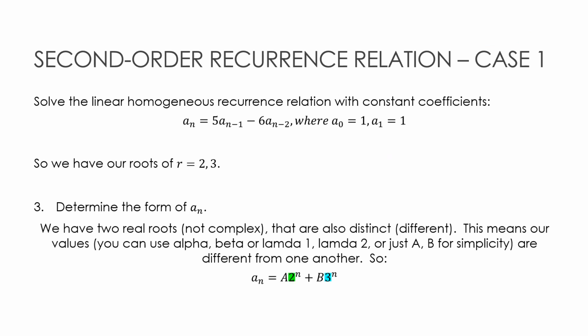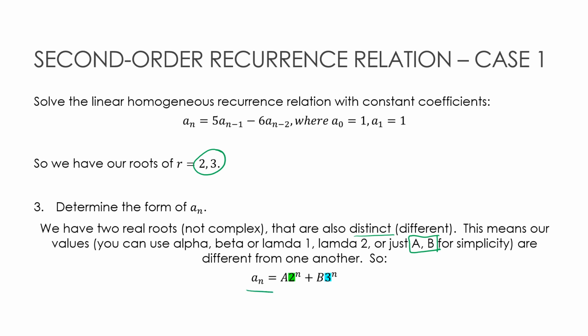We have our roots that are different, and we need to essentially determine the correct form of a sub n. So if we have 2 roots that are different or distinct, then, and you'll see different videos use alpha and beta or lambda 1 and lambda 2. I just like to keep things simple, so I'm just going to use a and b, but it's not incorrect to use alpha and beta and gamma or lambda 1, lambda 2, etc. What we're doing here is we're using the form.